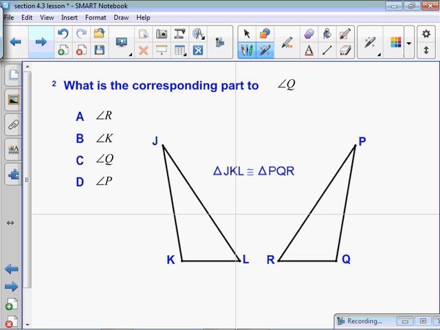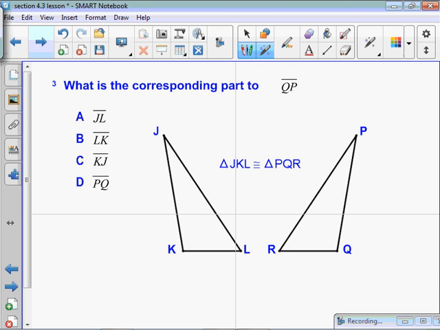What's the corresponding part to Q? Same picture for the same reason. J, K, L. Okay, for the same reason, we have angle Q and angle K that are going to correspond. QP. Here's the one where it gets a little bit tricky. You have to make sure that you are going in the same direction when you talk about this.